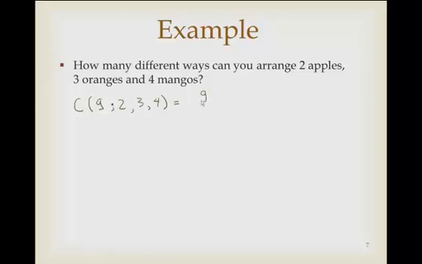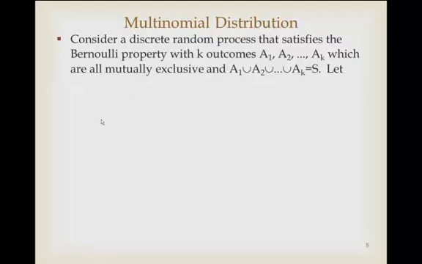So we'll have 9 factorial on the top, and we get rid of the extra permutations that didn't really matter: 2 factorial, 3 factorial, 4 factorial, and that turns out to be 1260. So voila.